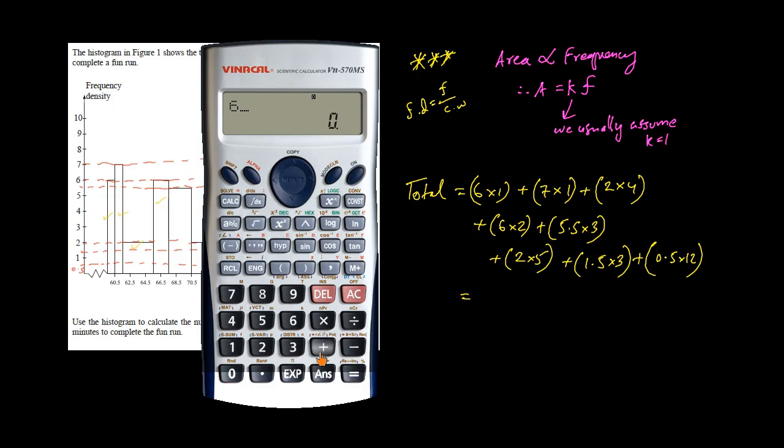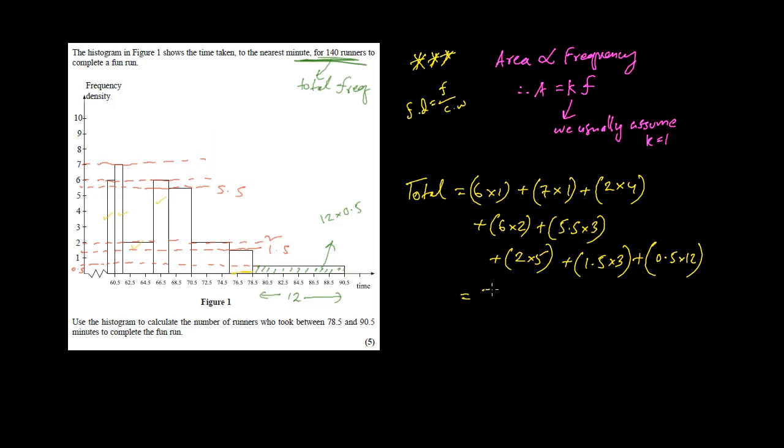So 6 times 1 is 6, plus 7 times 1 is 7, plus 2 times 4 is 8, plus 6 times 2 is 12, plus 5.5 times 3, plus 5 times 2 is 10, plus 1.5 times 3, plus 0.5 times 12 is 6, so this is 70.